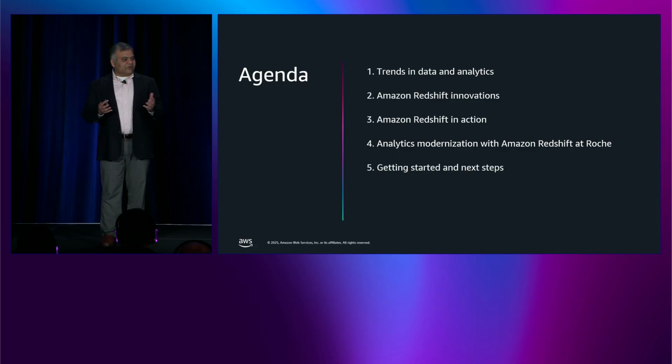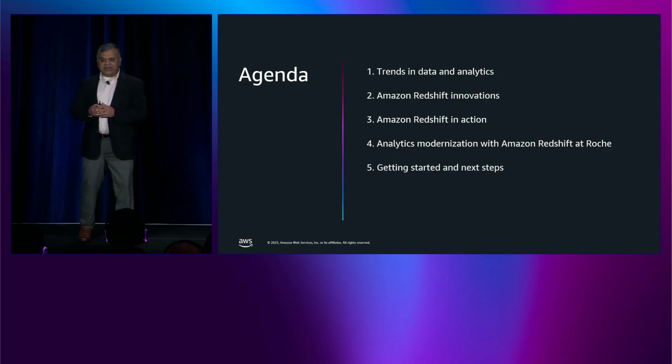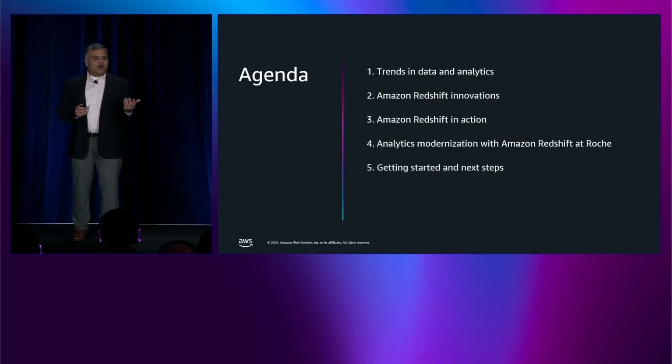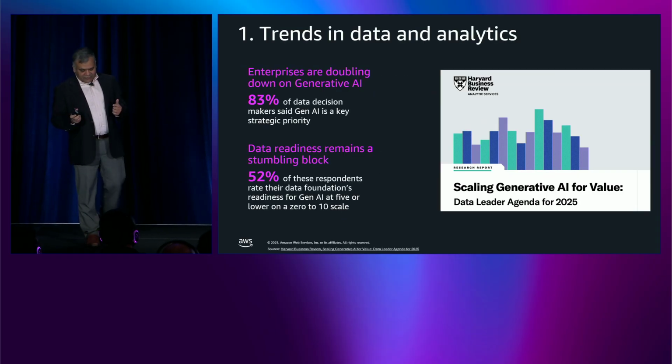They have done some really phenomenal work in terms of consolidating multiple data warehouse environments across multiple countries. So we'll get a chance to hear from him, hear about some of the best practices around the migration and modernization. And finally, we'll close it up with the next steps and how to get started with your modernization and migration journey with Redshift.